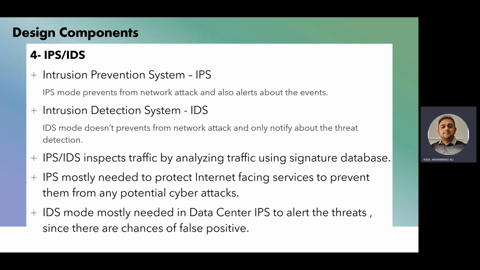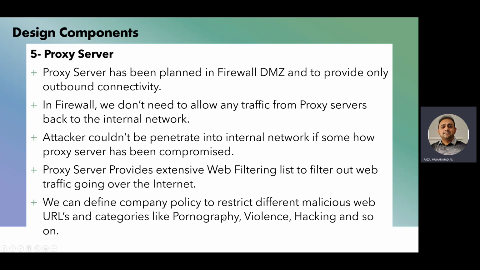It could be a service or it could be hardware. IDS mode is mostly needed in the data center, because IPS alerts on a lot of threats and there is a possibility of false positives, and most of the communication behind the data center firewall is going to be internal communication. So that's how IDS needs to be enabled.